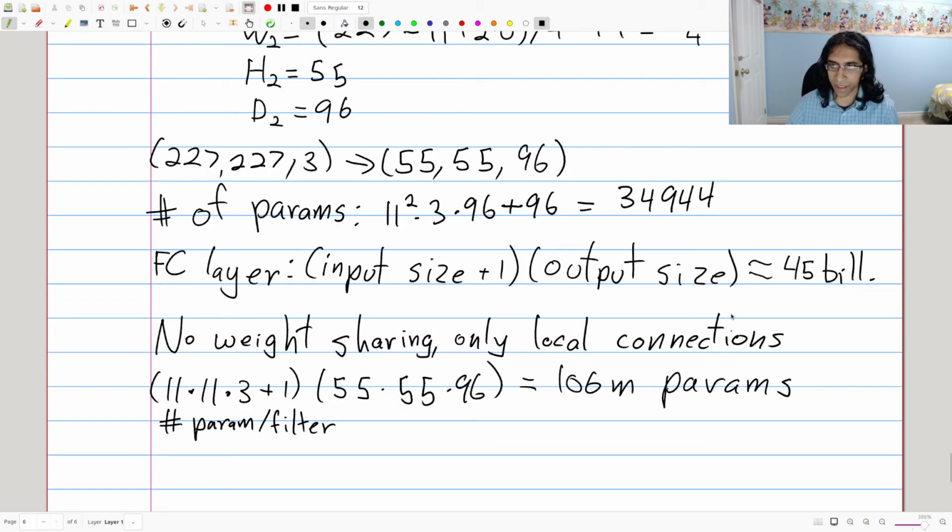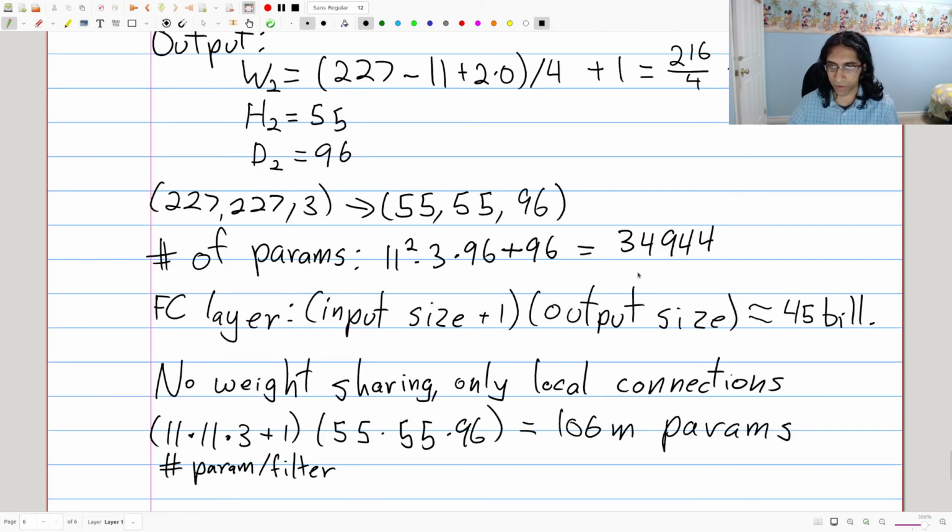Cool. So you can see really how beneficial this is. Just by changing the structure to only local connections, we decreased from 45 billion to 106 million parameters. But by going from no weight sharing to weight sharing, we've reduced it further to 35,000. So CNNs are really much more parameter efficient than the other alternatives.